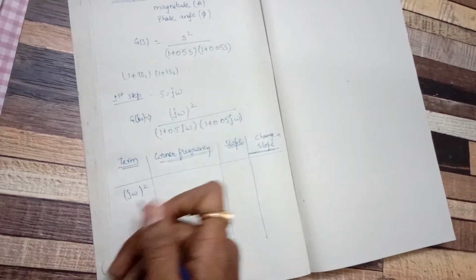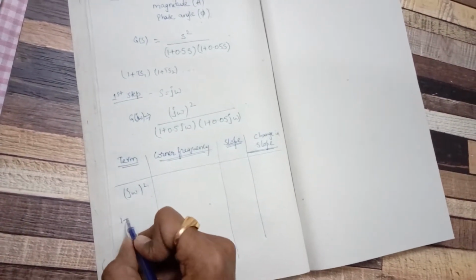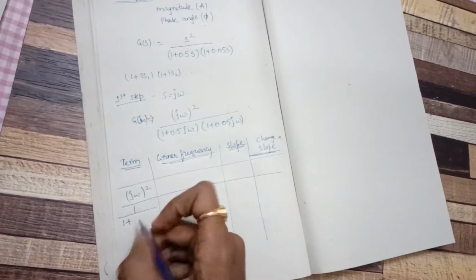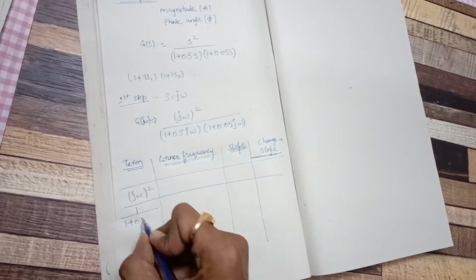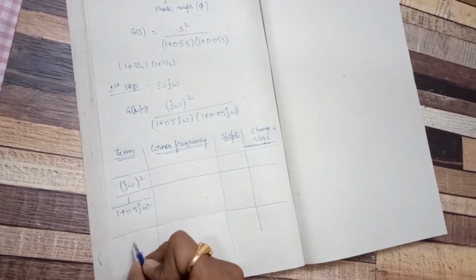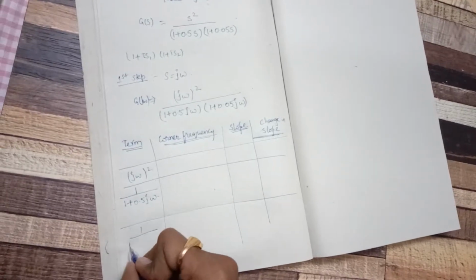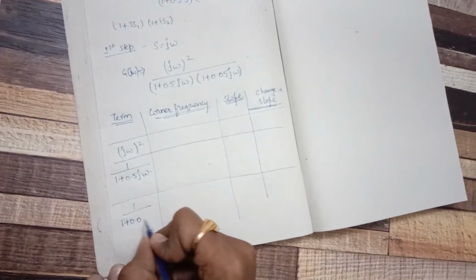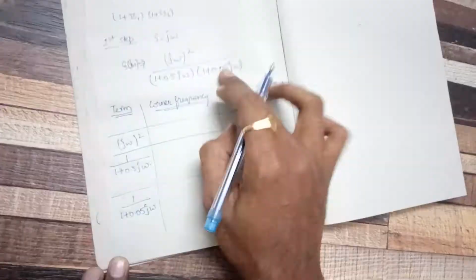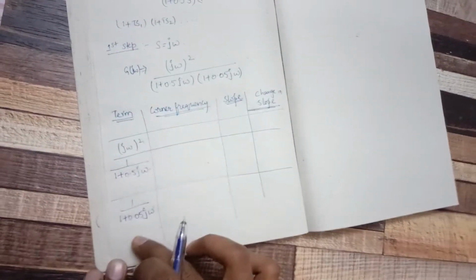The next term is 1 by 1 plus 0.5 j omega. Always remember it is in the denominator form. Don't forget the denominator form. If you don't write the denominator form, you would get a different answer. Then 1 by 1 plus 0.05 j omega. These are the three terms that we are finding here.